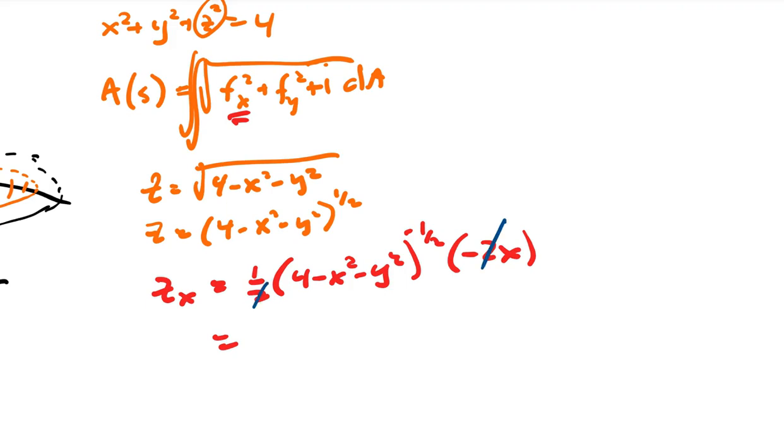And now we get negative x over the square root of 4 minus x squared minus y squared.